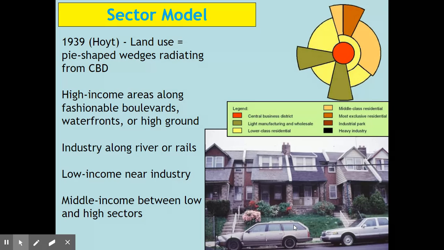And the sectors were definitely tied to transportation zones. So your wedges that radiated from the CBD or the central business district started to align neighborhoods that were fashionable.